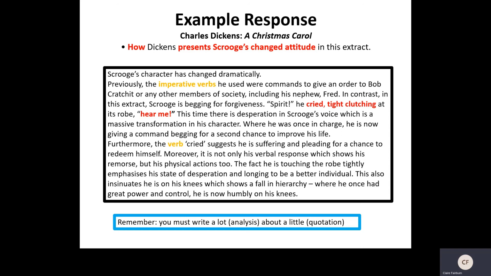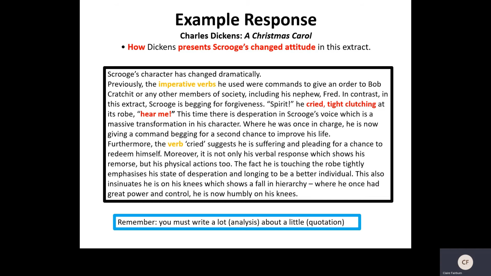I've referred to the question in the very first sentence: how does Dickens present Scrooge's changed attitude in this extract? Scrooge's character has changed dramatically. So I've stated that, and I need to know how. Previously, the imperative verbs, the method he used, were commands to give an order to Bob Cratchit or any other members of society, including his nephew Fred.